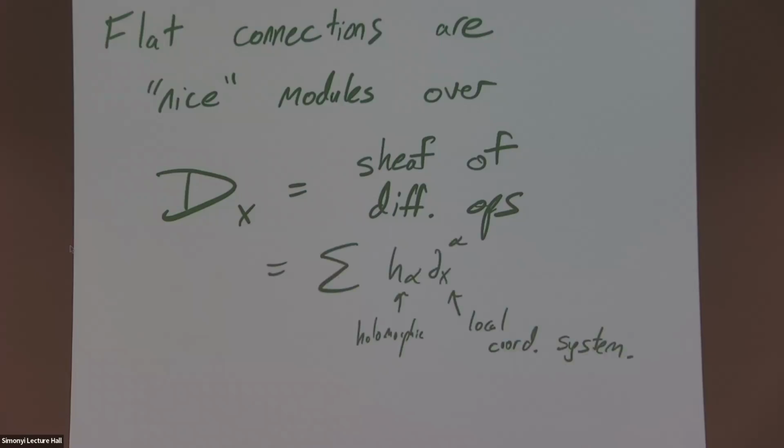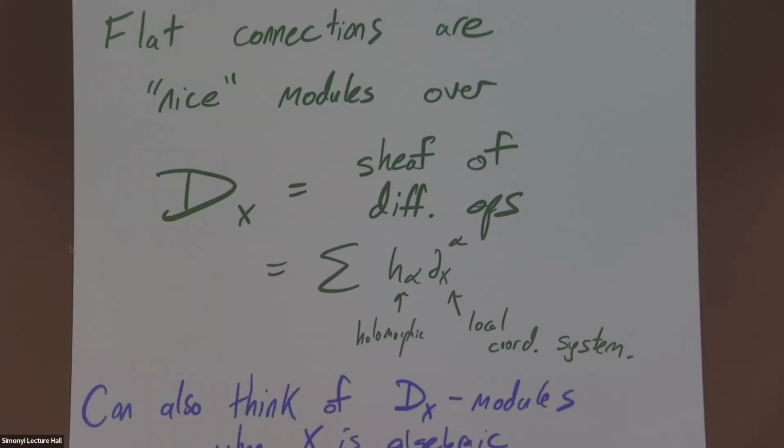If you haven't seen differential operators before, just think of them as local sums of holomorphic coefficients times ∂_x to the alphas. And like I said, I really want to think about algebraic varieties, so we're going to think about D_X modules on smooth algebraic varieties. Now holomorphic will mean polynomial, algebraic, or regular function.